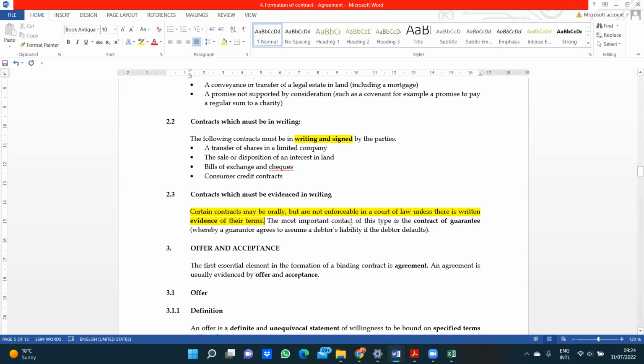The most important contract of this type is the contract of guarantee, whereby a guarantor agrees to assume a debtor's liability if the debtor defaults. For example, companies which settle the debts of debtors, there needs to be a contract of guarantee.